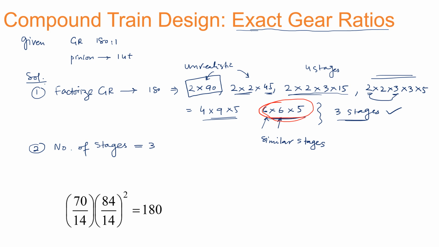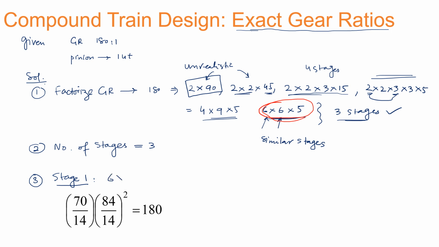Now, once you have the number of stages indicated, you can jump onto the third step, and that is going to be something like defining the configuration of stage number 1. So stage 1 is going to be indicated. This is going to be something like you have the very first number taken out from this combination, 6 into 6 into 5.